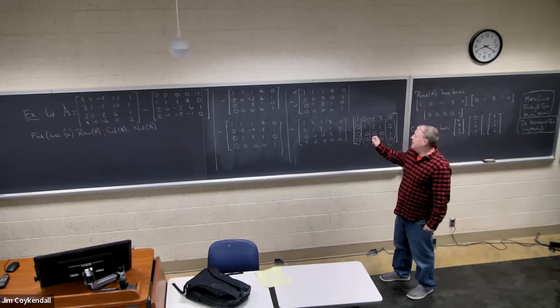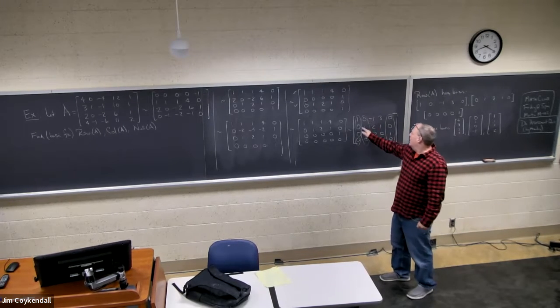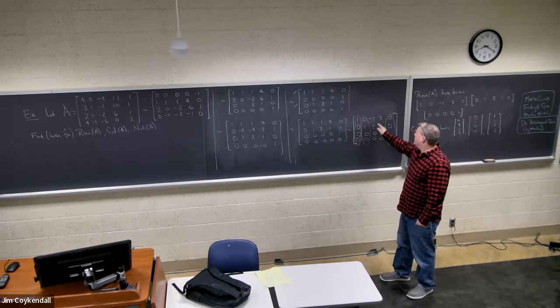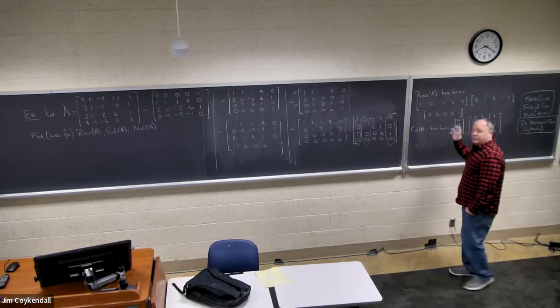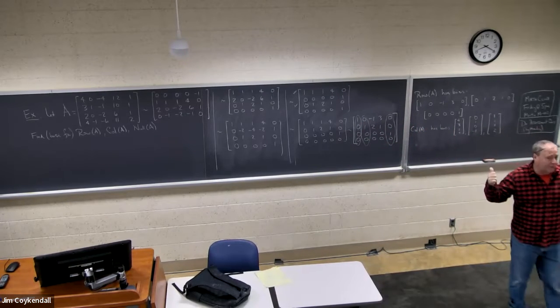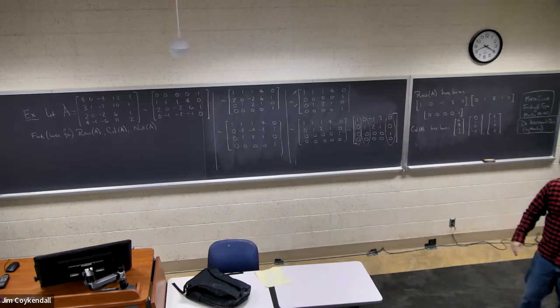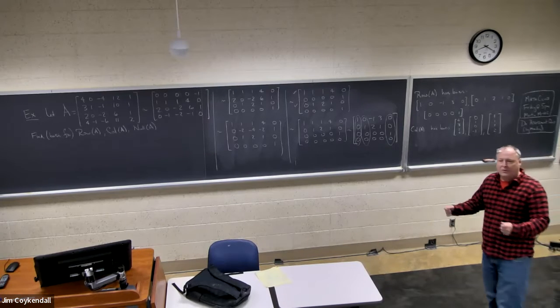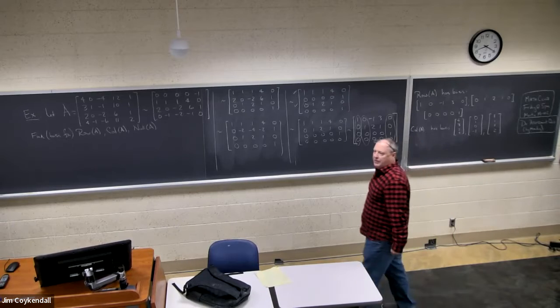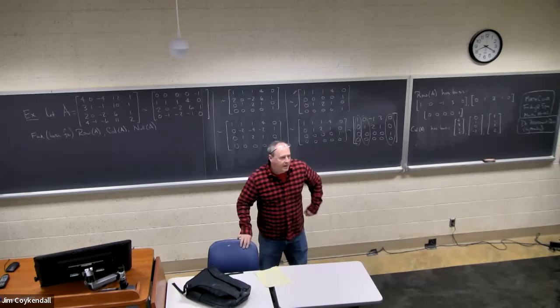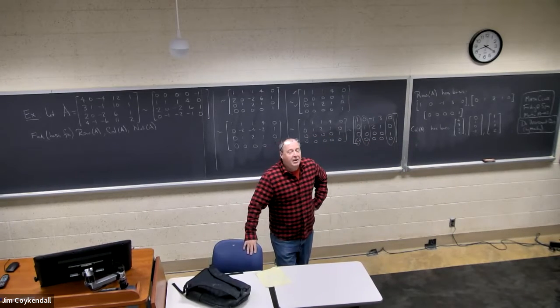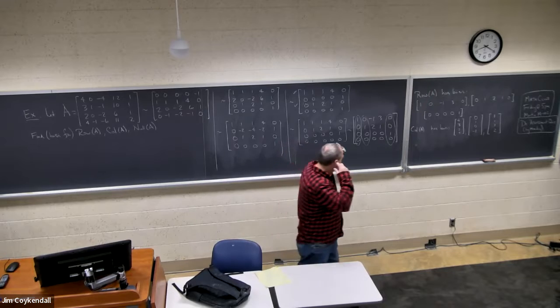So if you have a row reduced echelon form, there are exactly as many non-zero rows, that is the number of basis elements of the row space, as there are pivot columns. Everybody agree with that? That's why the row space and column space are always the same size. Same size, meaning same dimension.